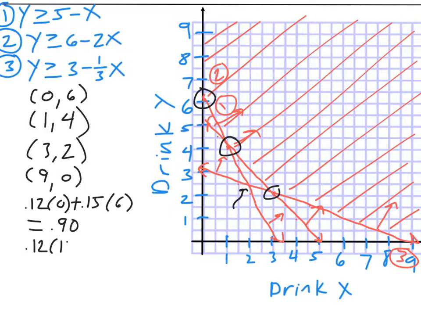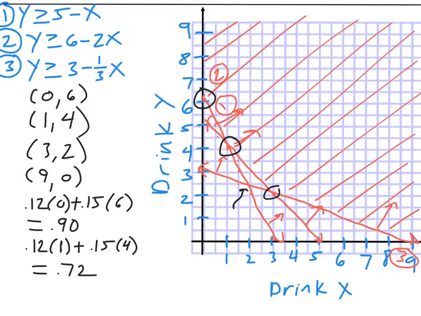What about 1 of x and 4 cups of y? It's better, quite a bit better actually.